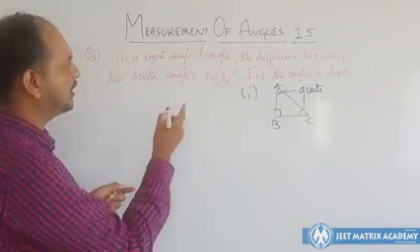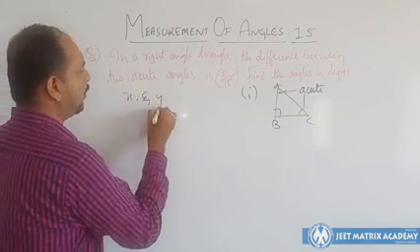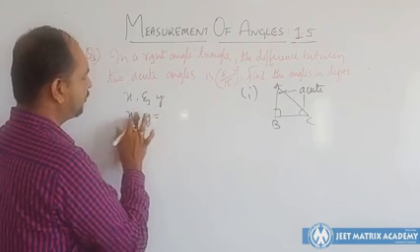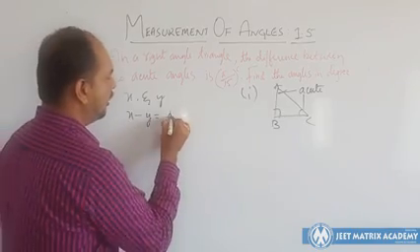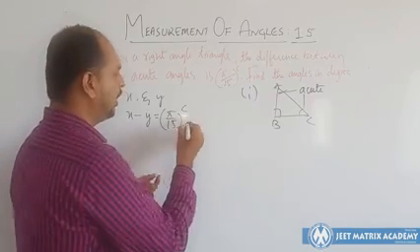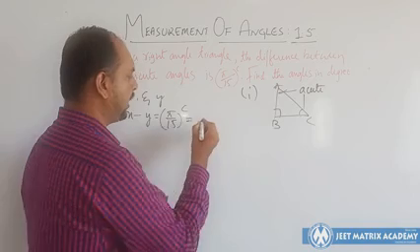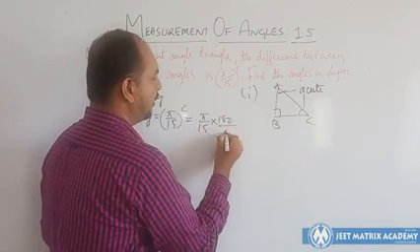First convert this. Consider the two angles as x and y. They said x minus y, the difference of the two acute angles, is pi by 15 radian. You had better convert to degrees. How to convert to degrees? Multiply by 180 and divide by pi. That is pi by 15 into 180 by pi.